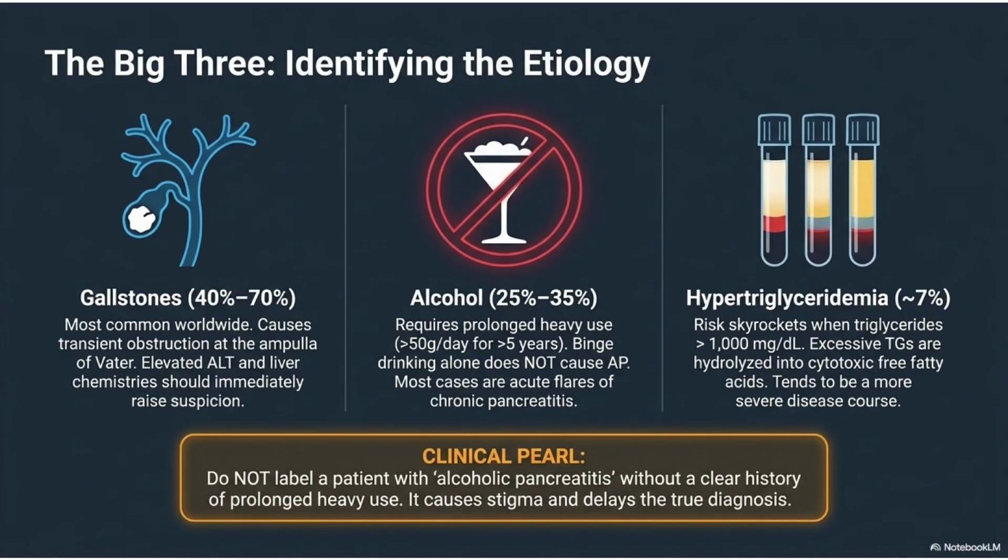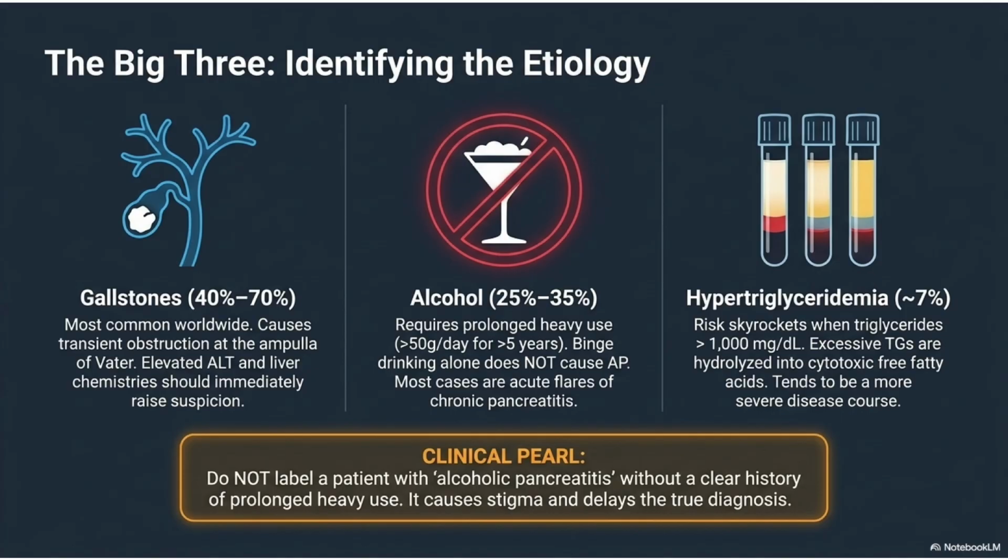The third cause is hypertriglyceridemia. This is one of the miscellaneous causes. When you can't find any gallstone or you don't find alcohol use, you search for this. Although today, it is a part of the pancreatitis workup, so we do it. Up to 7% of hypertriglyceridemia patients are going to present with acute pancreatitis. The risk is the highest when the triglycerides are more than 1,000 milligrams per deciliter.